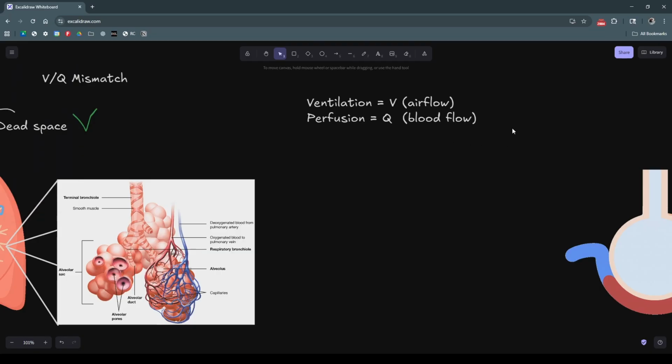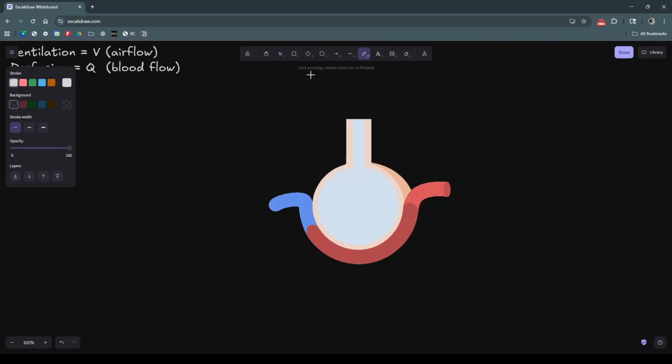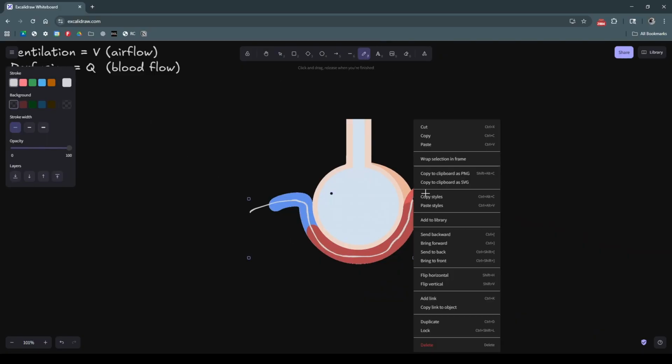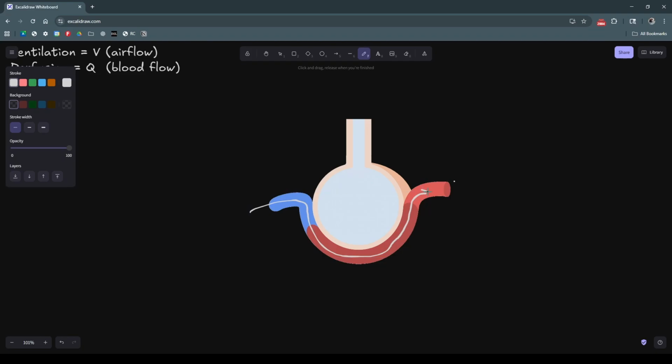And so, pretty simply, the perfusion is the blood flowing past our alveoli, right? Coming in as deoxygenated blood, and then picking up oxygen from inside the alveolus and carrying that on its way. That's normal processing. Of course, here's our perfusion, the blood flow, and here's our ventilation, both the air coming in and the air coming out.